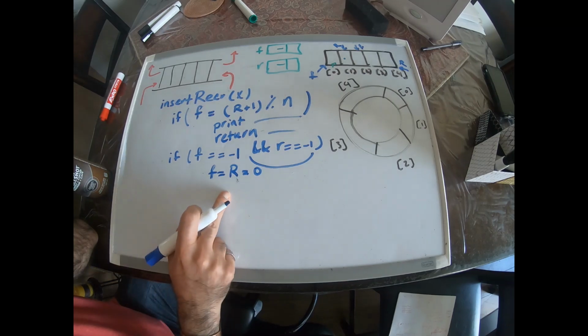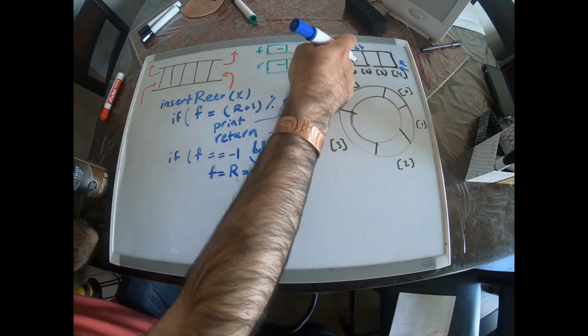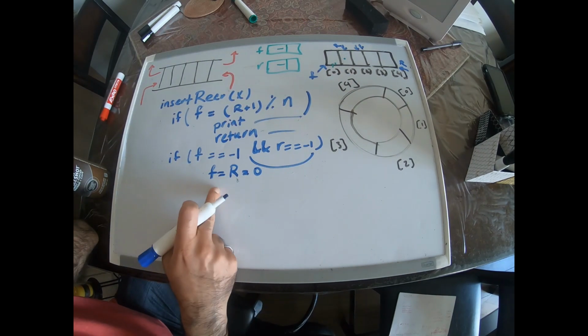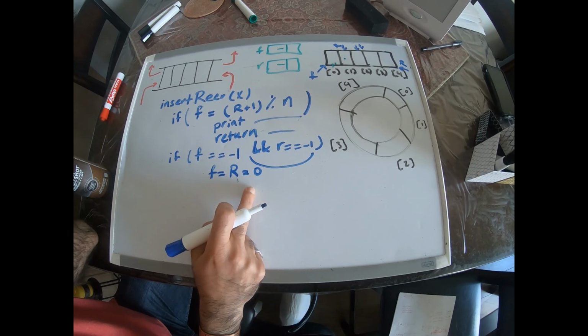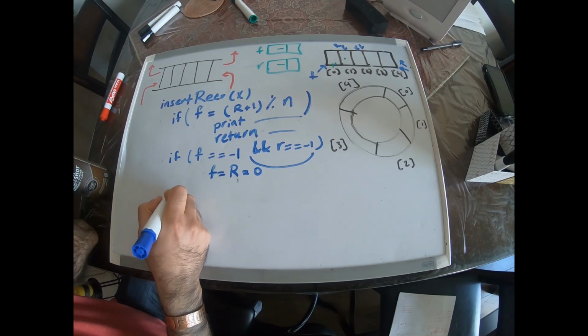So it means that we have inserted the number here, and both front and rear are pointing to the same, or are equal to the index 0. Okay. Do we have to check another condition? No.